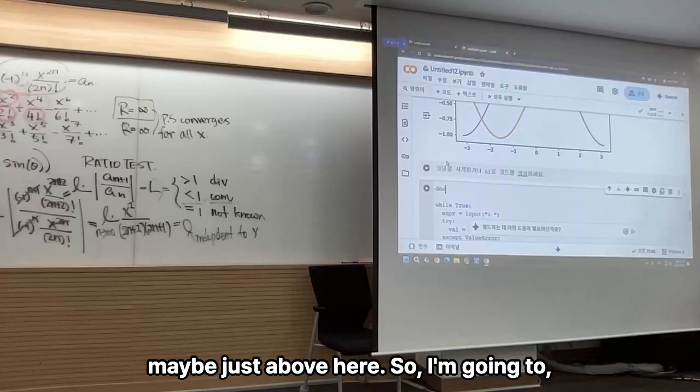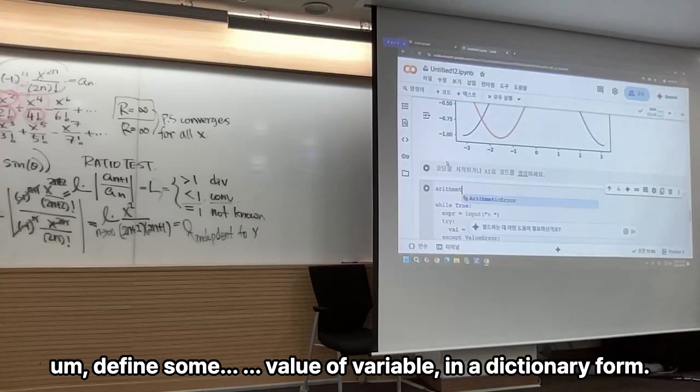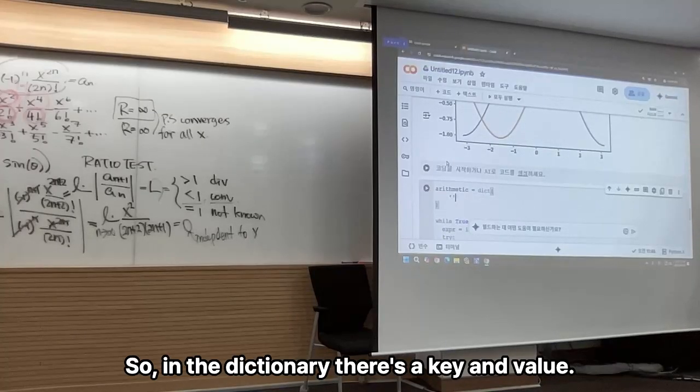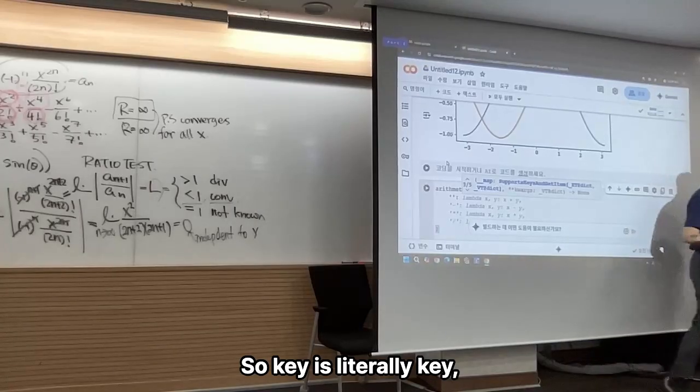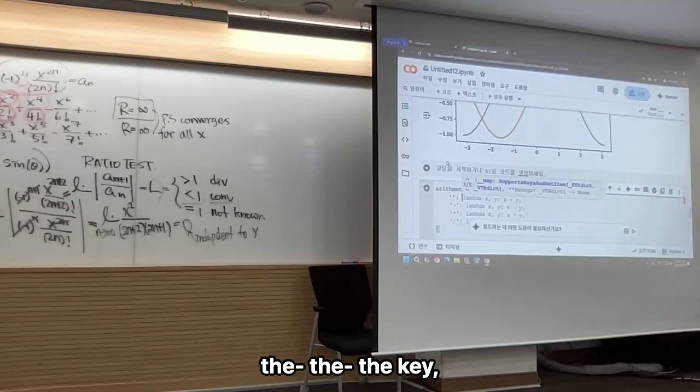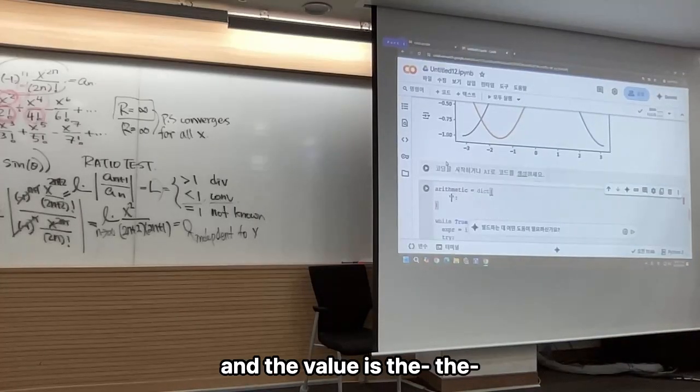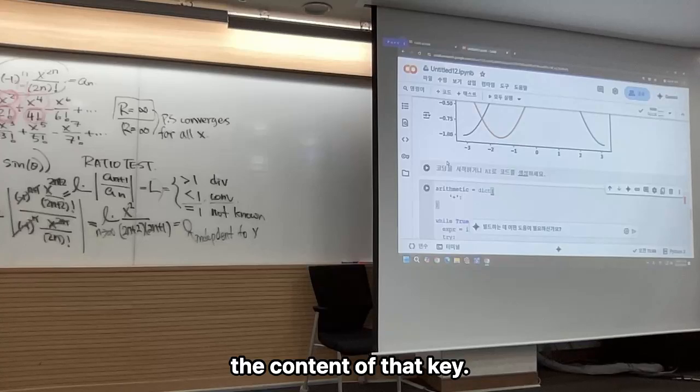I'm going to define some values in a dictionary form. In the dictionary, there's a key and a value. The key is literally the key, and the value is the content of that key.